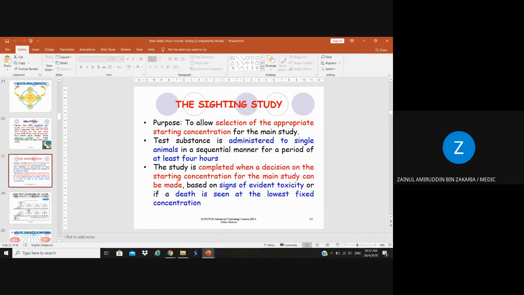Normally you start at 5 for a pure compound. If you have a pure compound, like a new drug that has been synthesized, and you want to know the toxicity, you use a very small amount.